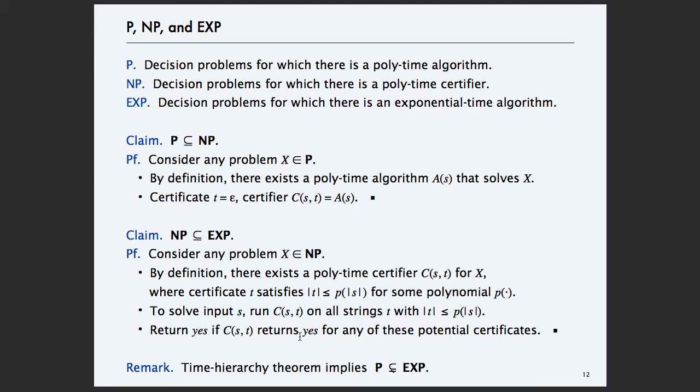We also have a theorem that says P is not EXP. So we really don't know where NP lies. We know that EXP is bigger than P. Wait, I'm sorry, because it says here that P is within NP, and NP is within EXP, therefore it shouldn't... I'm confused.